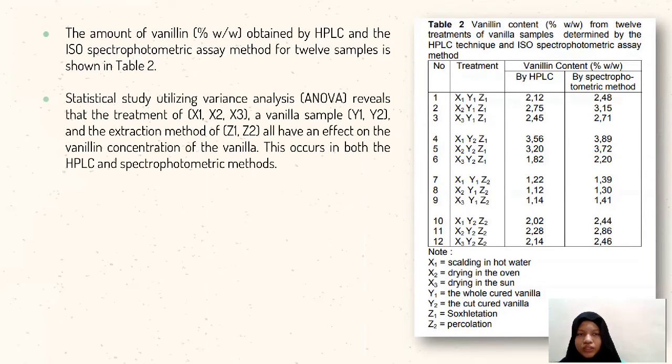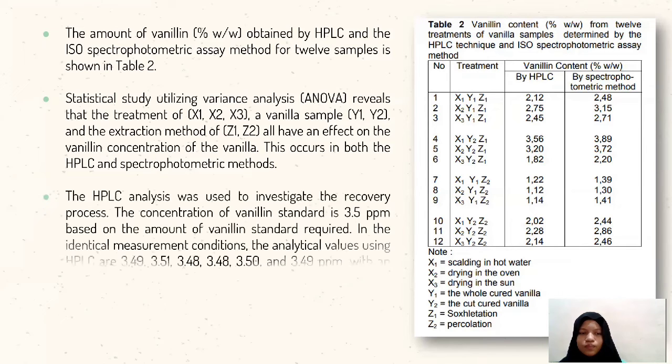Statistical study utilizing analysis of variance, ANOVA, reveals that the treatments X1, X2, X3, the vanilla samples Y1, Y2, and the extraction methods Z1 and Z2 all have an effect on the vanillin concentrations of vanilla. This occurs in both the HPLC and spectrophotometric methods.